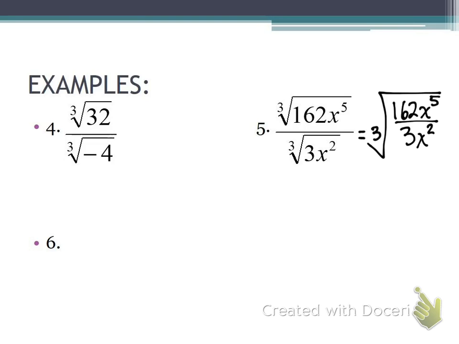So first, we're just going to leave the cube root there and simplify underneath. What is 162 divided by 3? 54. Does anybody remember how we take x to the 5th divided by x squared? Subtract the exponents. Very good. So we end up with x cubed.